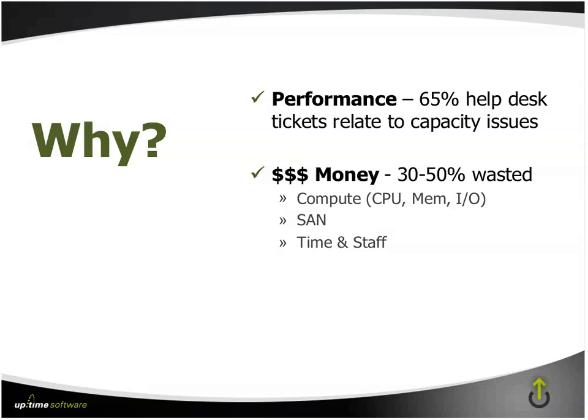So you're looking at 50% of the resources that can be reclaimed and put into better use for applications that really need them. With things like CPU, memory, and I/O, although they're so cheap nowadays, it's still a better usage of those resources if you can allocate them to places that really need them.